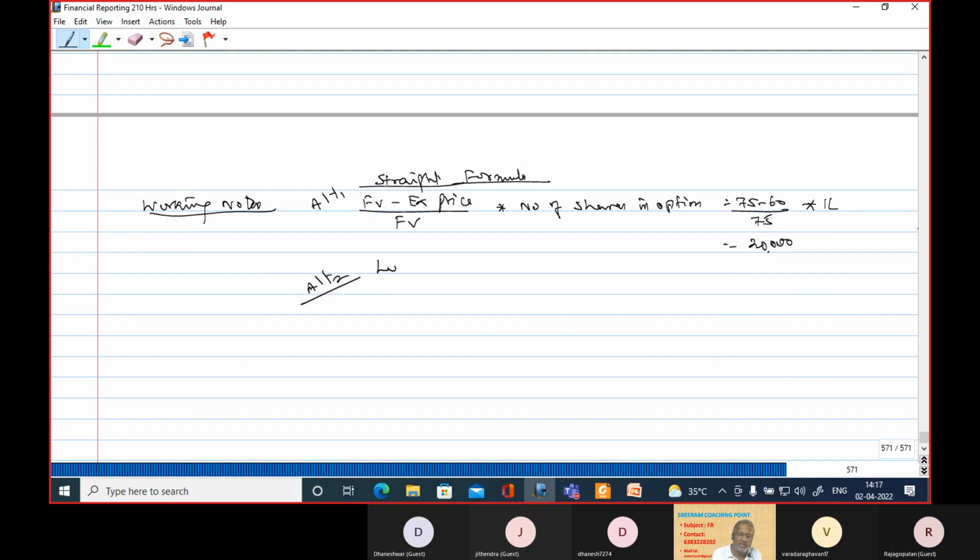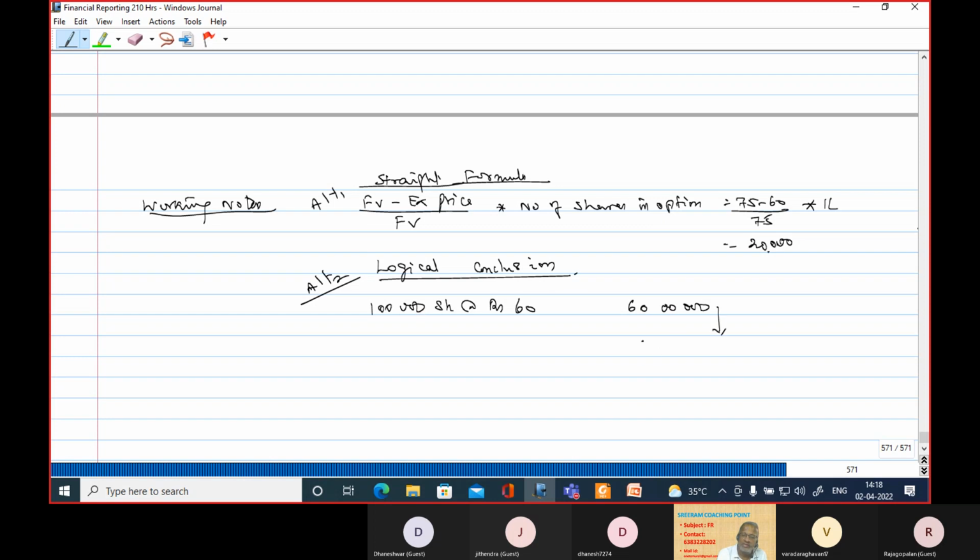But now I'm going to give you logic. Alternative two, logical understanding, which you say deduction. Deduction means how you reduce it, that is deduce it, in the sense logical conclusion. So imagine 1 lakh shares at the rate of rupees 60 would mean 60 lakhs you collect.